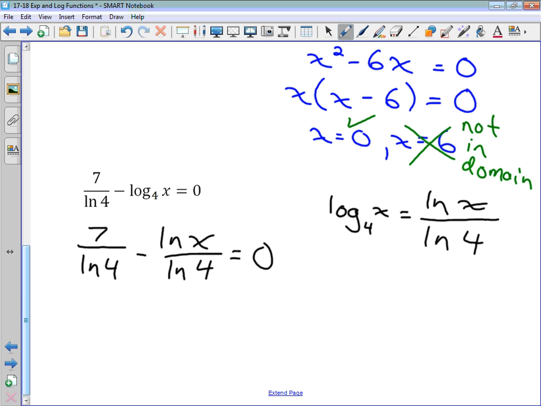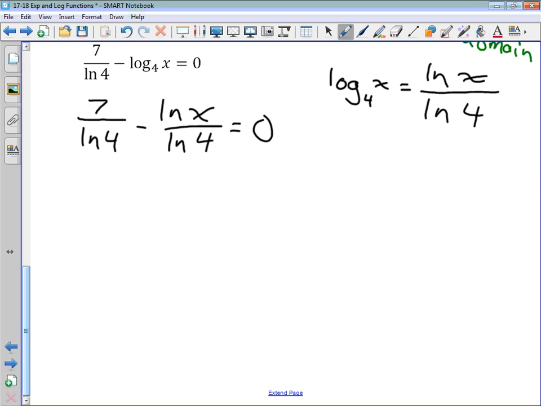How does this help us now? Does it help us at all? I don't know. Luca, what would you do from here? Suddenly I have a common denominator, so I can combine these two terms together.